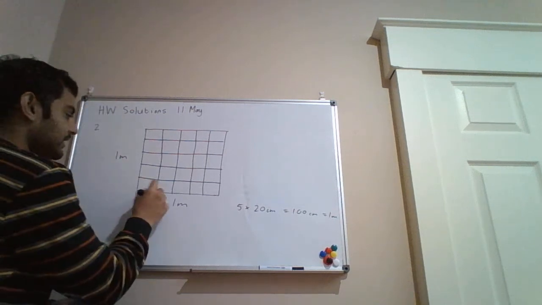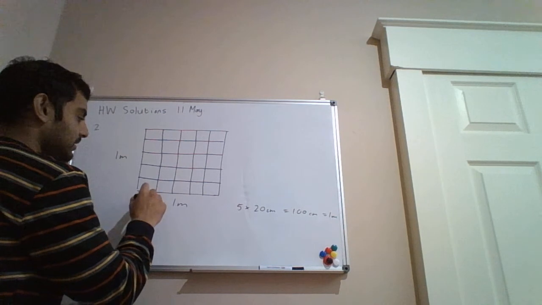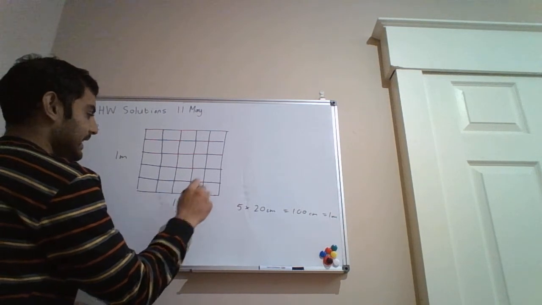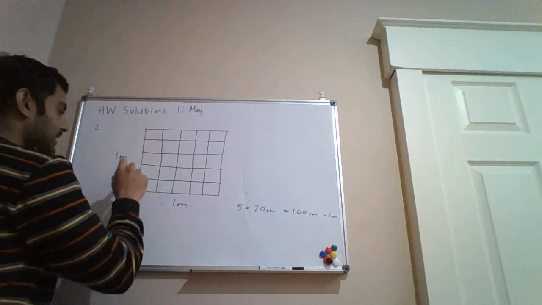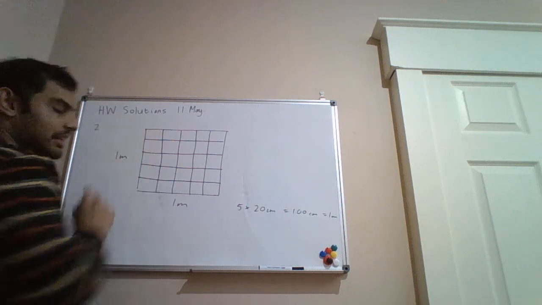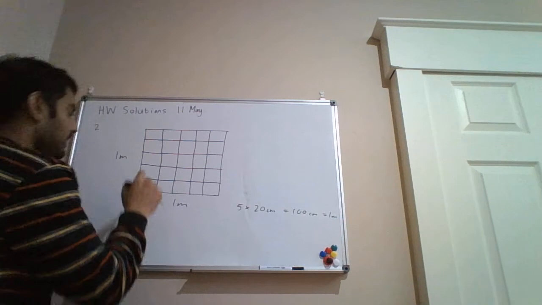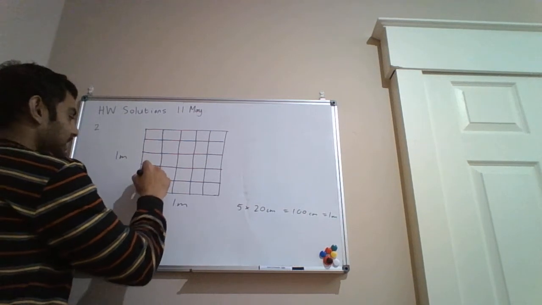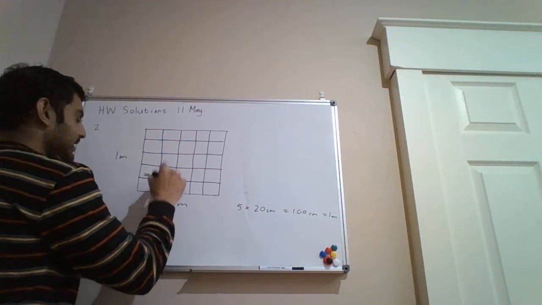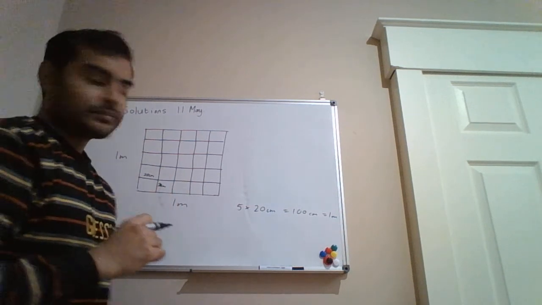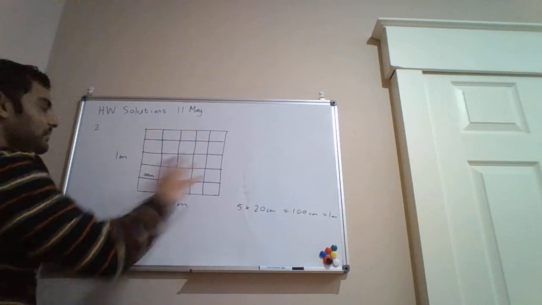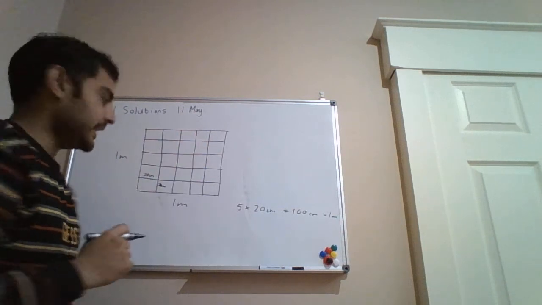So each of these jumps is 20 centimeters, so it goes 20, 40, 60, 80, 100. And each of these is also 20 centimeters, 20, 40, 60, 80, 100. So each of these tiles represents 20 centimeters by 20 centimeters. So how many of them occupy a meter squared?